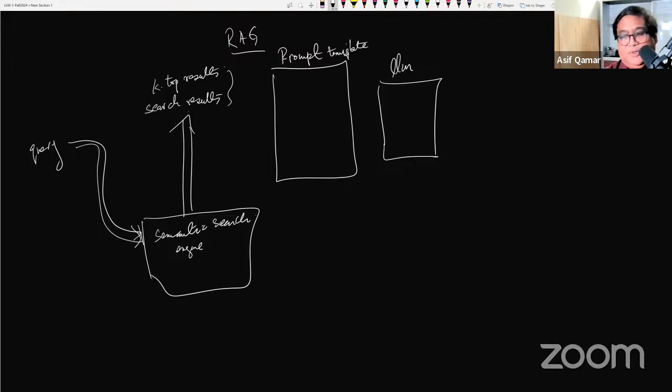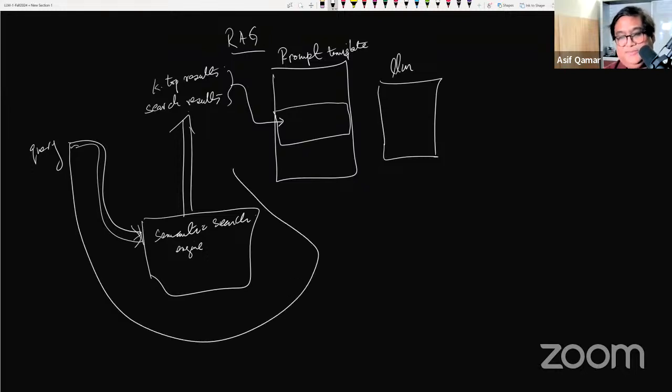The results would go into one section. The query would also go into another section, which was meant for the query.